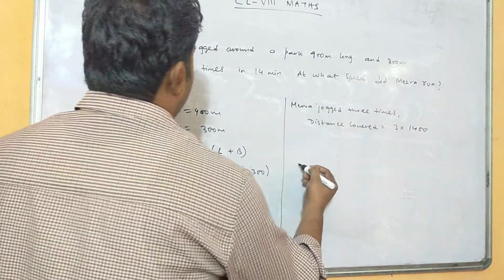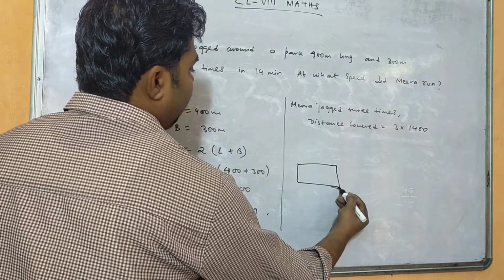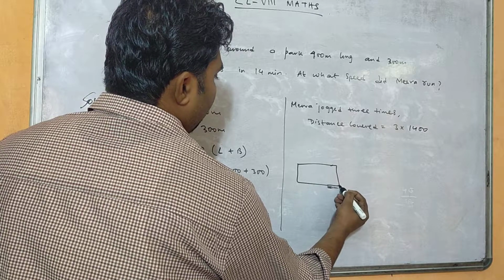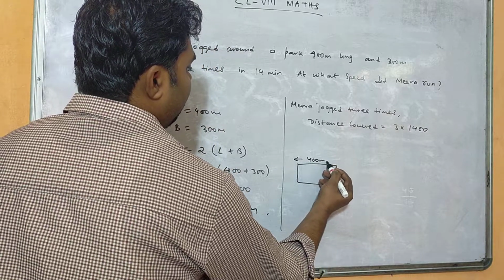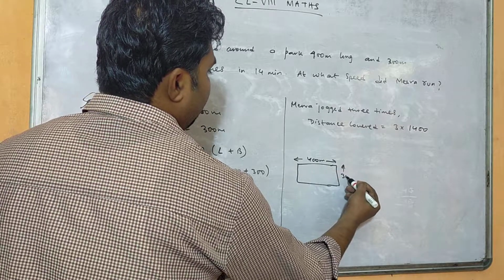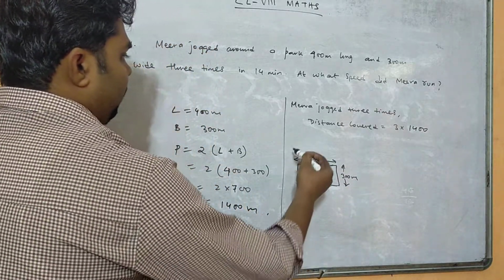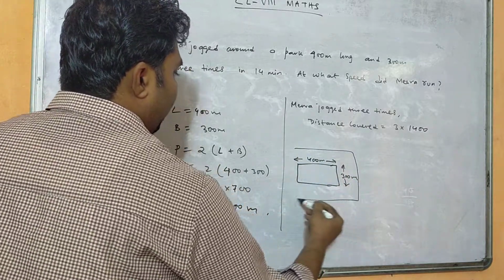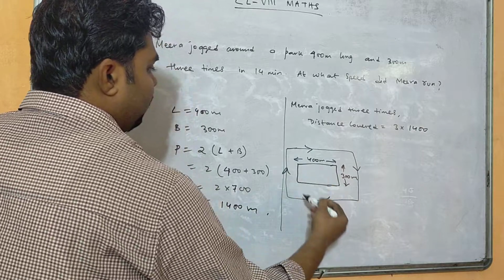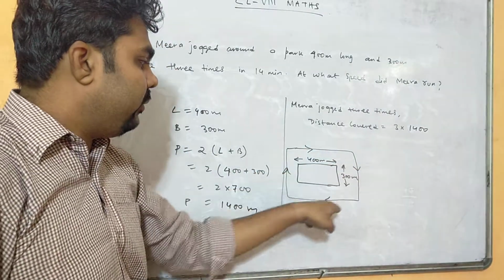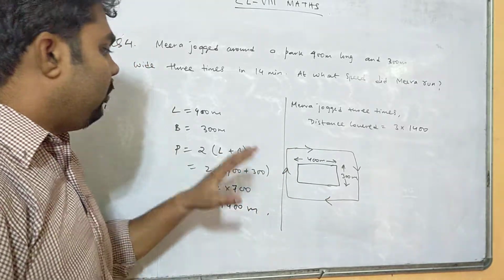So there is a rectangular park. In a rectangular park, you see the length is given 400 meter and breadth is given 300 meter. Okay, so when Meera goes around the park, in one time when he covers and comes back to the start, that is only one complete rotation, so how much distance will he travel?